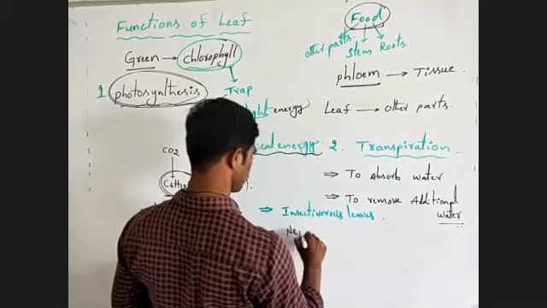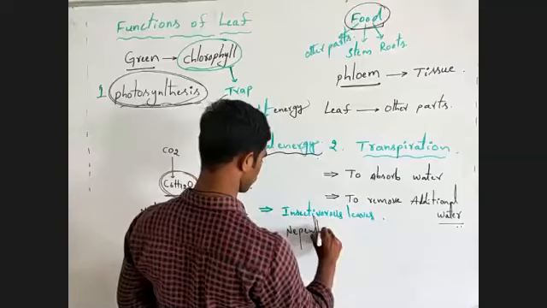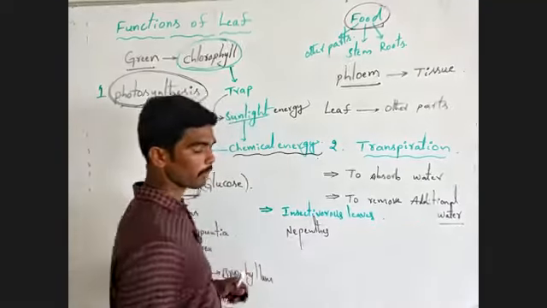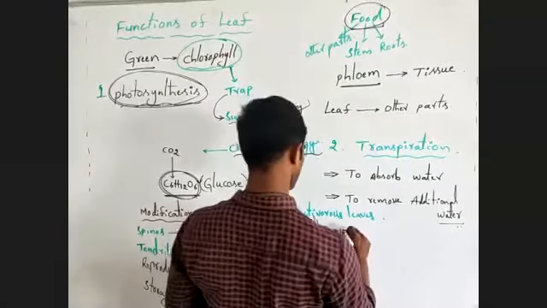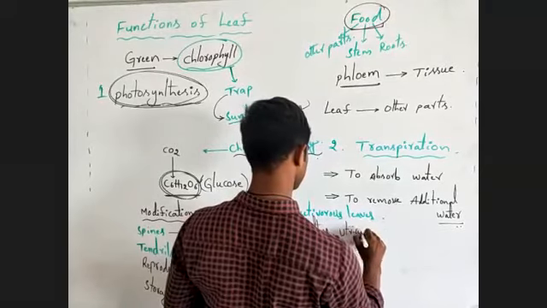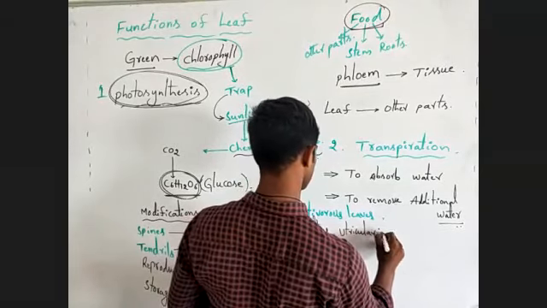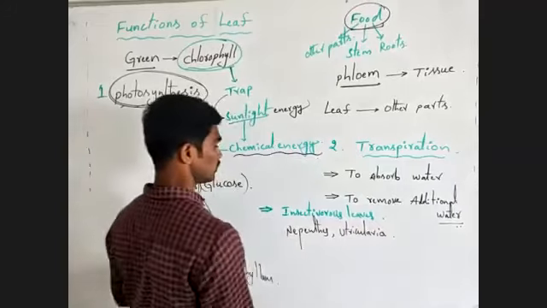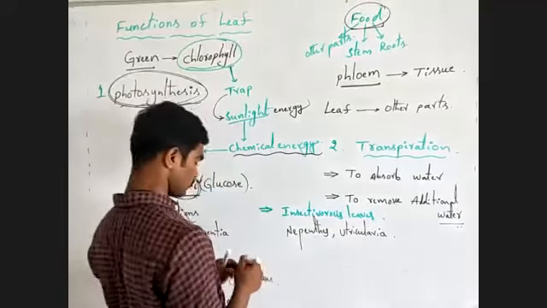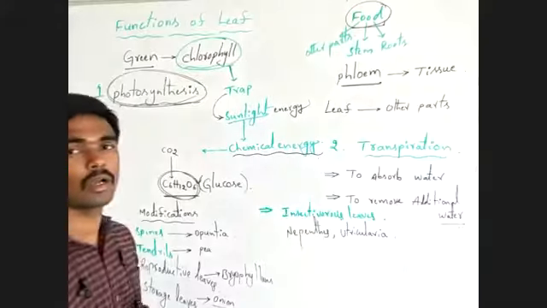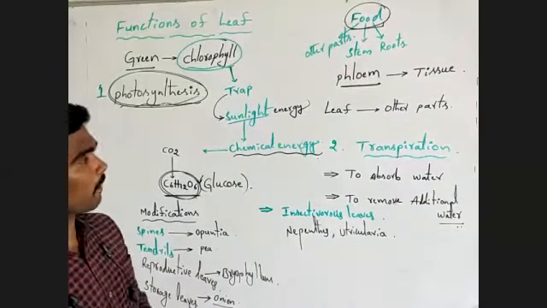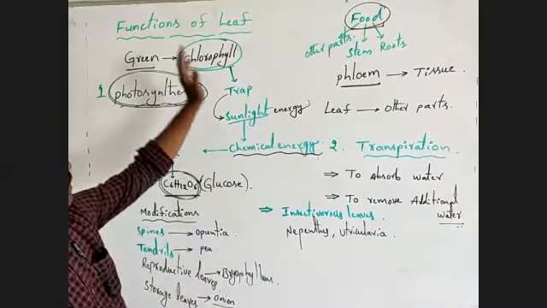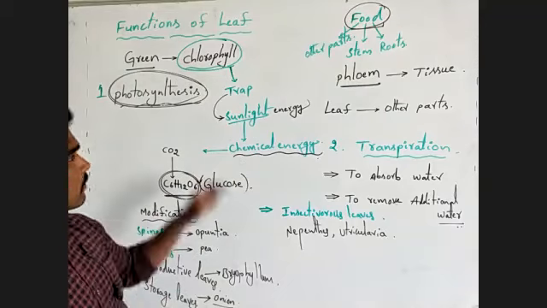Examples, Nepenthes, Utricularia, Drosera, like this. Okay, this is about leaves. Okay, observe one solve.